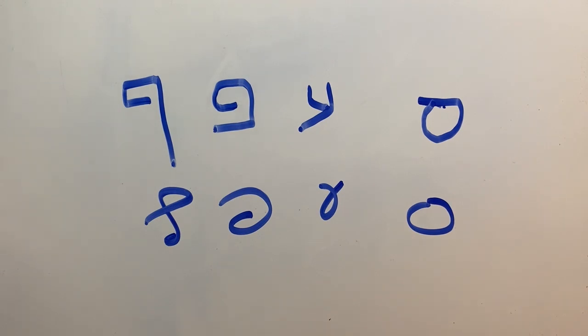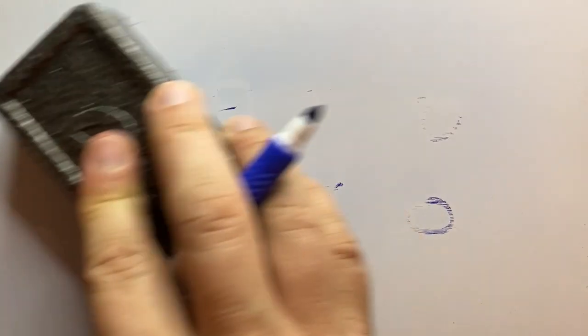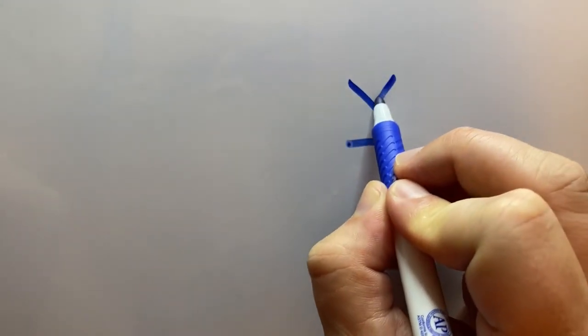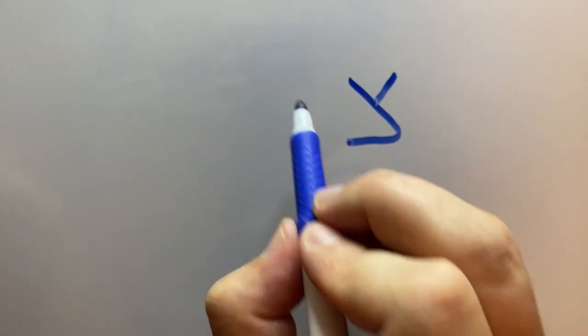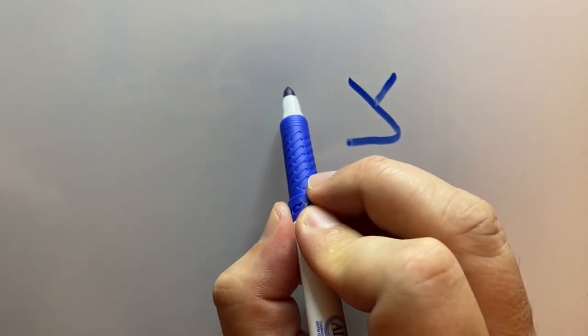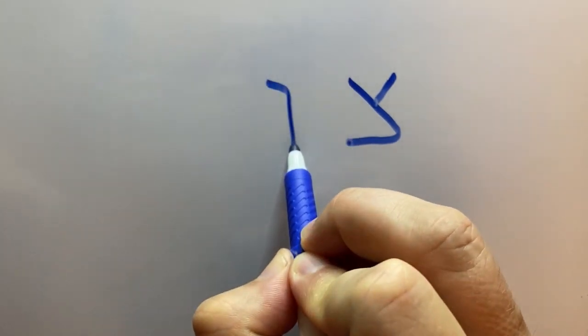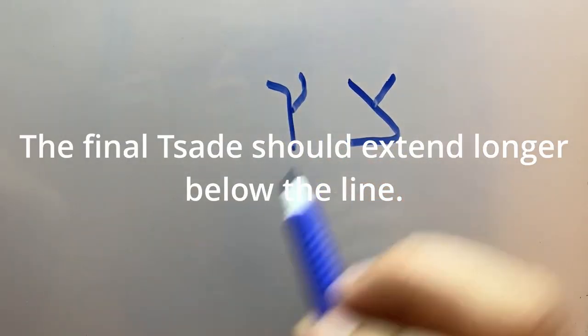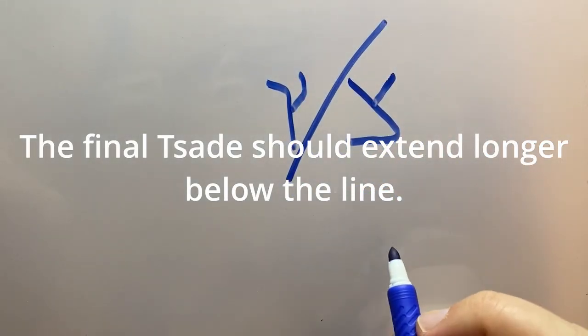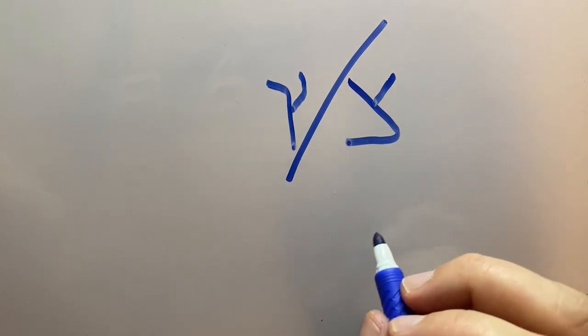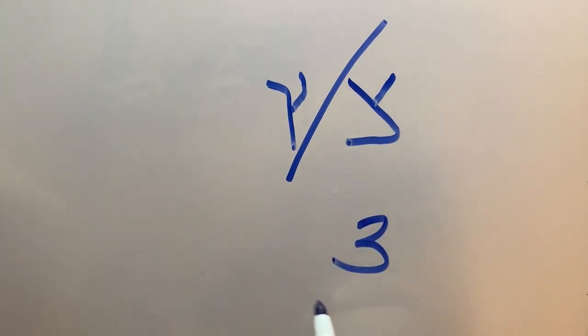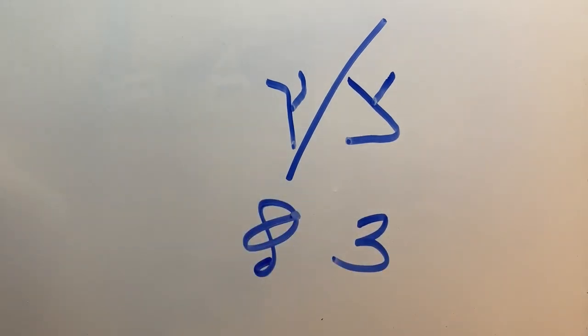Pe. Now your Tsade, the initial or medial, pretty much the same, and the final. So, Tsade, initial, medial, final.